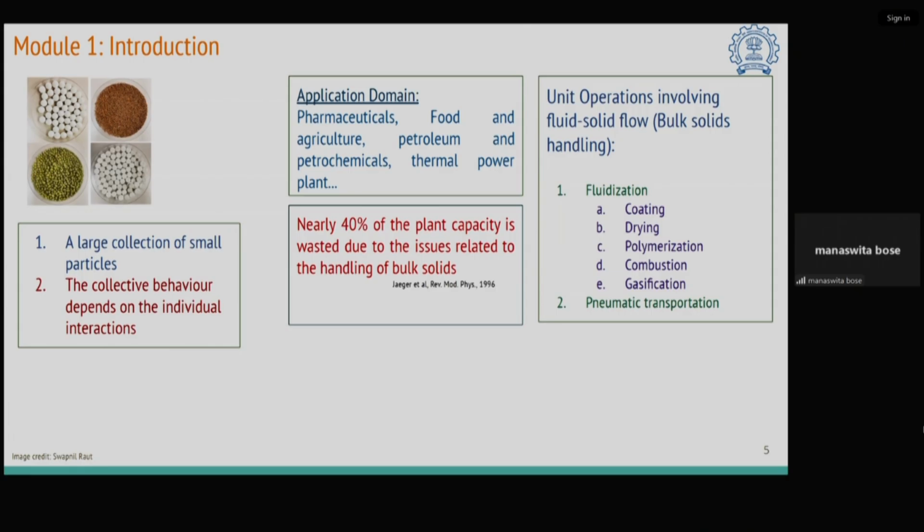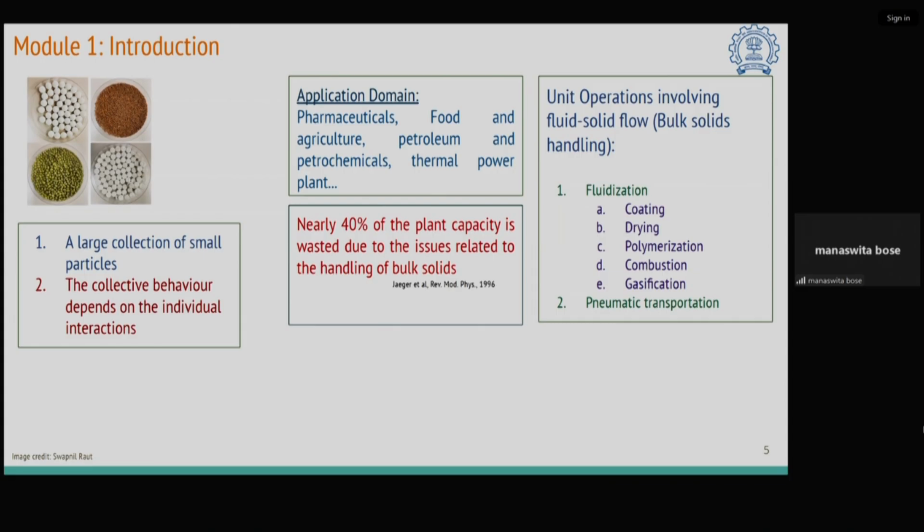Agriculture, petroleum and petrochemicals, thermal power plants, and wherever you can think of involving solid materials, tiny particulate materials, you have application of granular flow. In extraterrestrial phenomena, soil erosion. It's a truly multidisciplinary and interdisciplinary area.